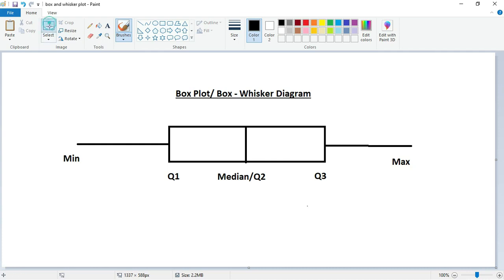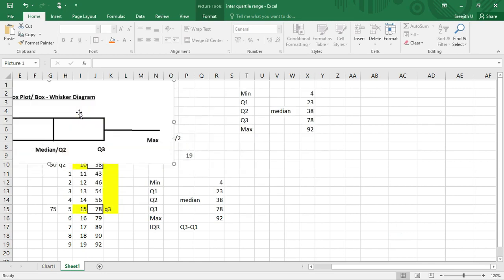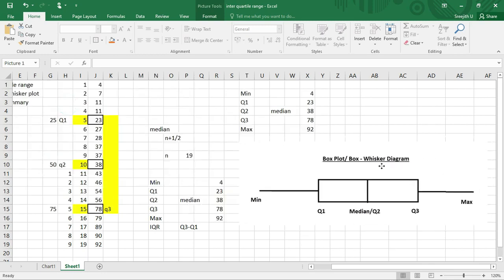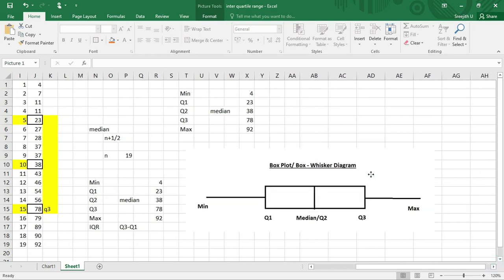So let's just try to copy this. Box and whisker plot is a graphical representation of the 5-point summary. Okay, so the minimum is 4, Q1 is 23, Q2 is 38, Q3 is 78, and the maximum value is 92.